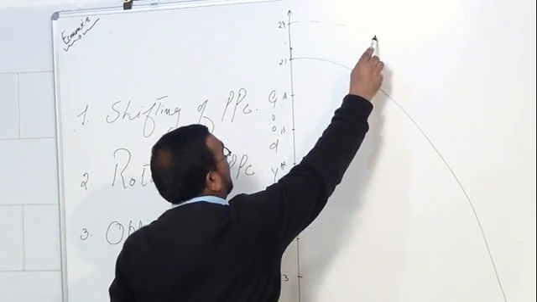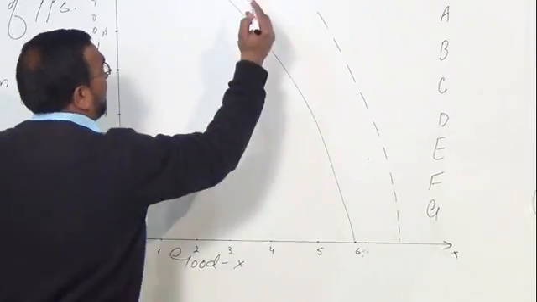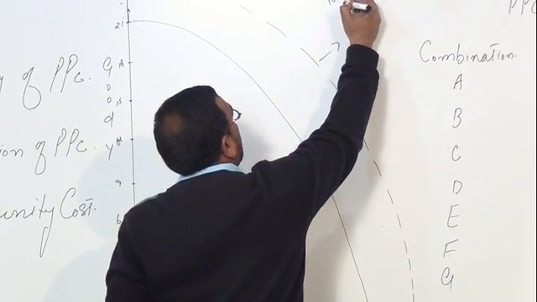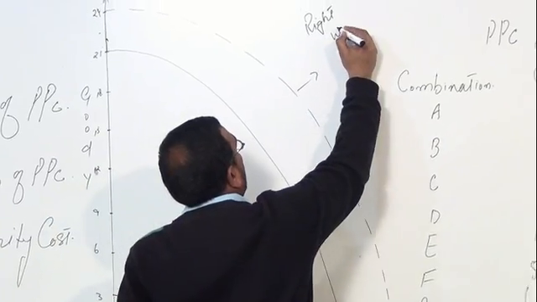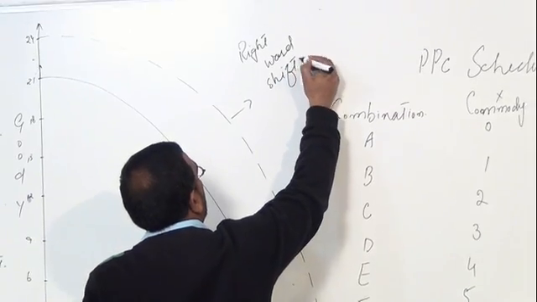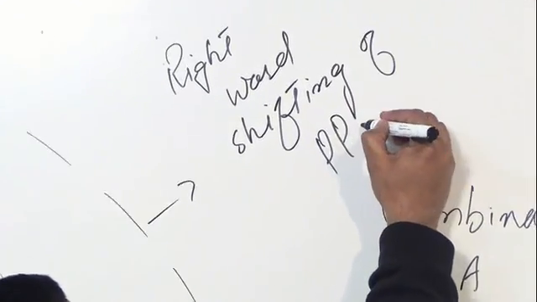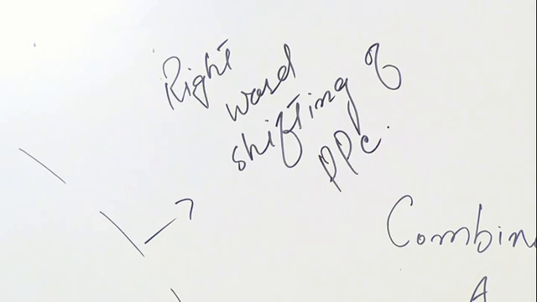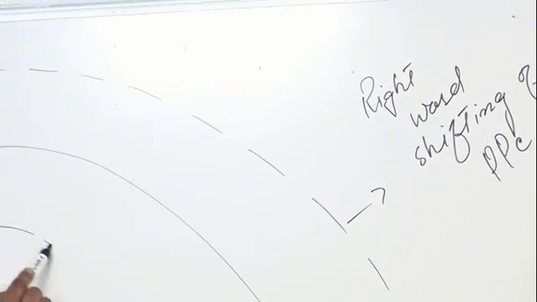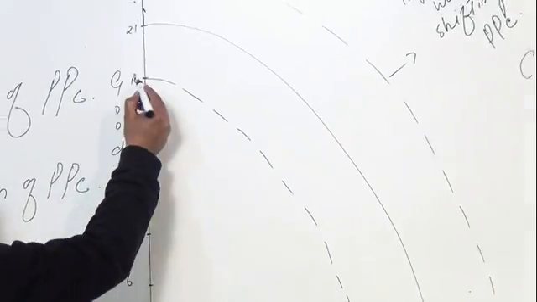Suppose this is the first shifting, rightward shifting of the production possibility curve. Then the leftward shifting may be like this.